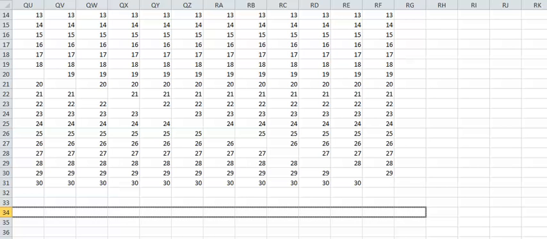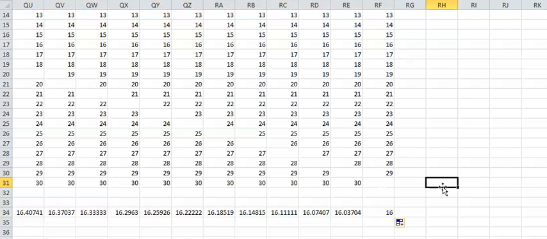So row 34 is the sampling distribution. All of the numbers in row 34 make up the sampling distribution because they're the means of all possible samples that I could select. If I'm taking a sample of 29 people from the population of 31, and I'm calculating the mean of my 29 selected people, then going across, these are all of the possible samples of 29 people that I could select.